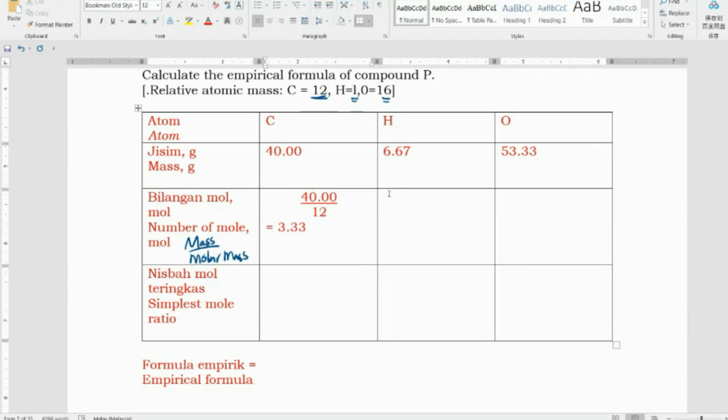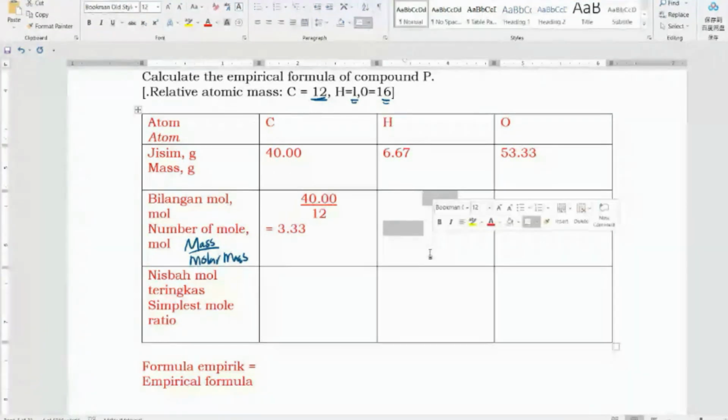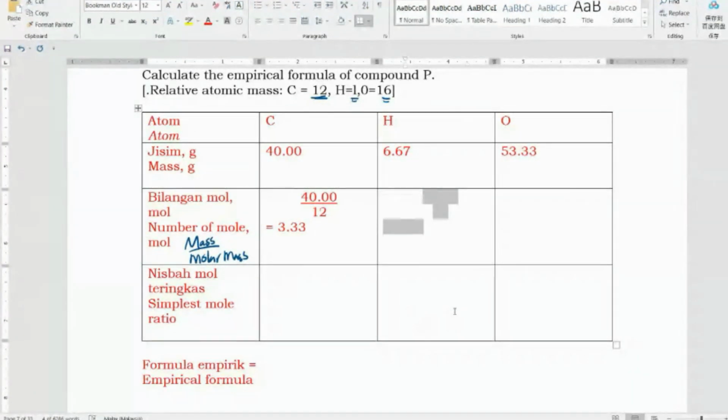Adrian, how about the hydrogen? What is the number of mole? 0.14. How did you get 0.14? Can you recalculate?